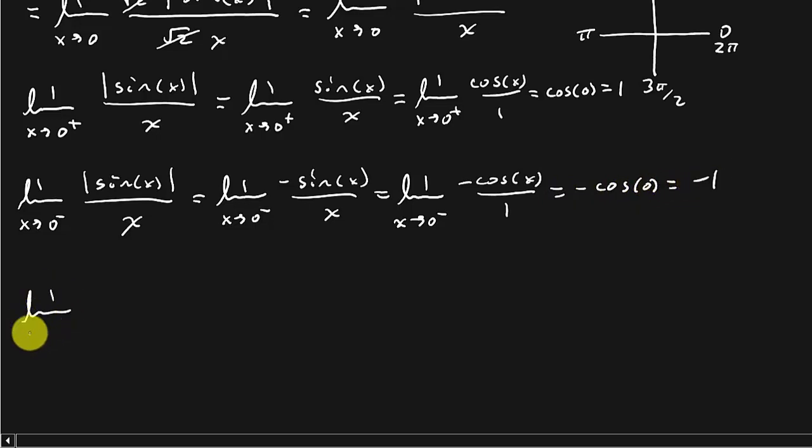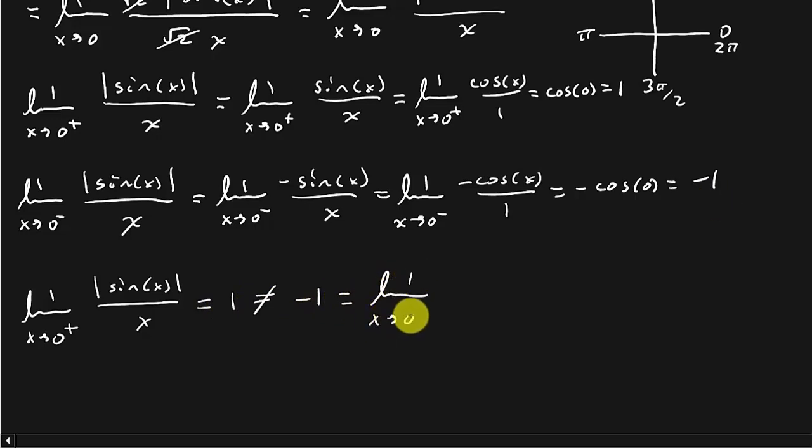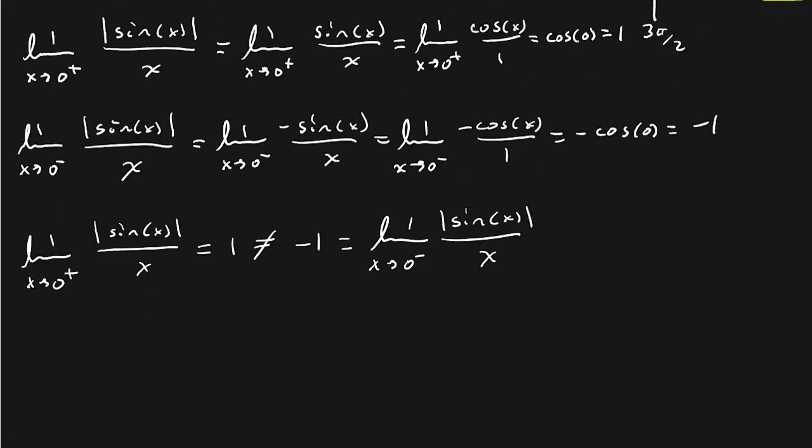And so we have the limit as x goes to 0 from the right of absolute value sine x over x is equal to 1, which does not equal the negative 1 here, which is the limit as x goes to 0 from the left of absolute value sine x over x.